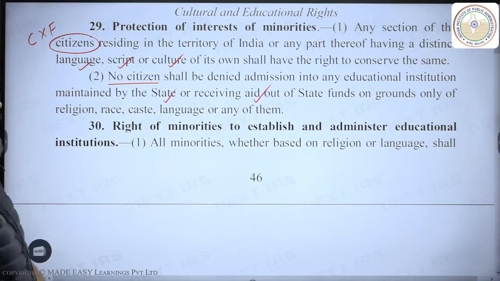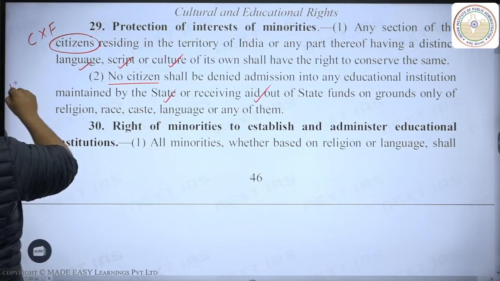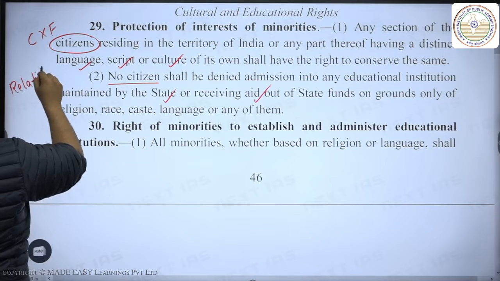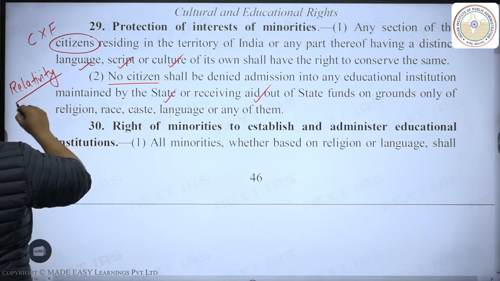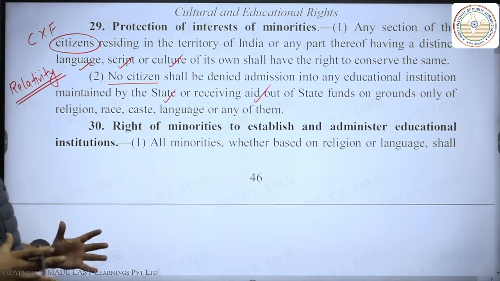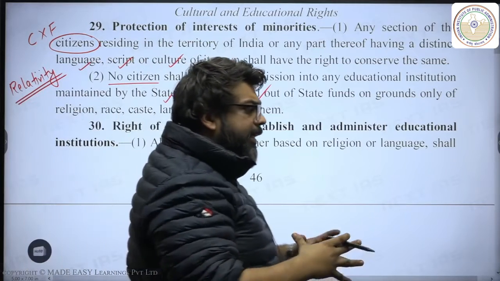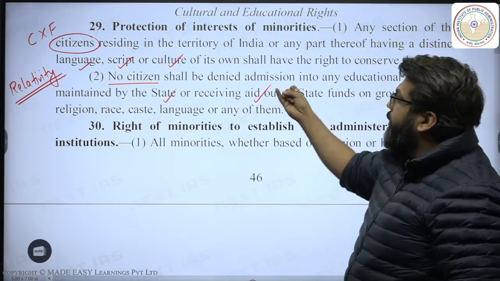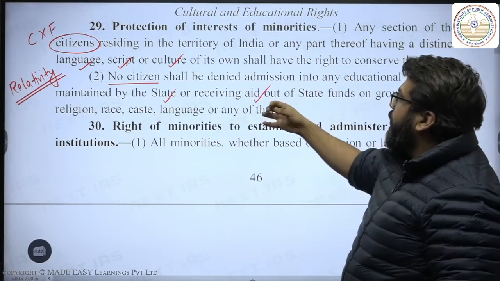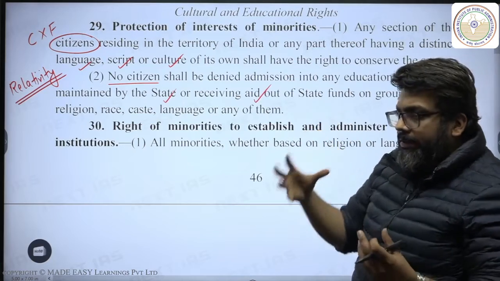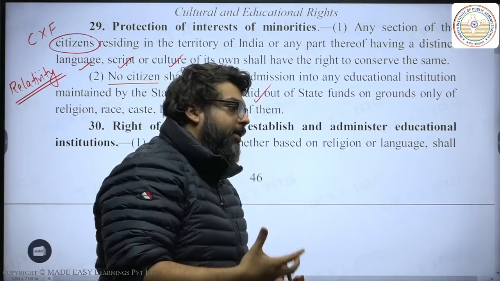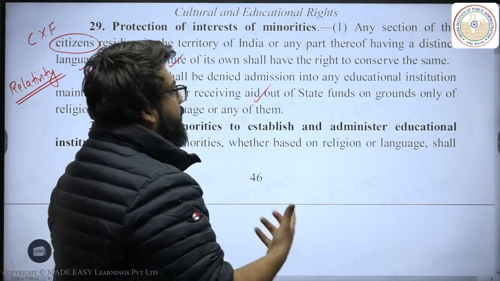This is largely how your Article 29 is. But what you must understand is the fundamental principle of Article 29 is relativity, which means in a given geographical area, in a territory, if your language, your script, your culture is in a lesser fraction, then you're automatically a minority and you have the right to conserve them.